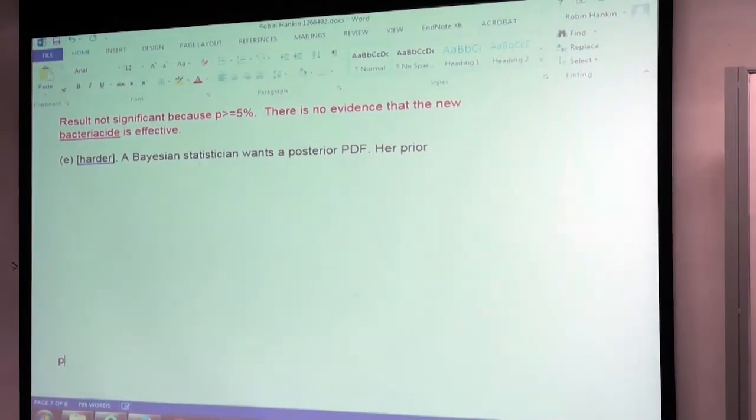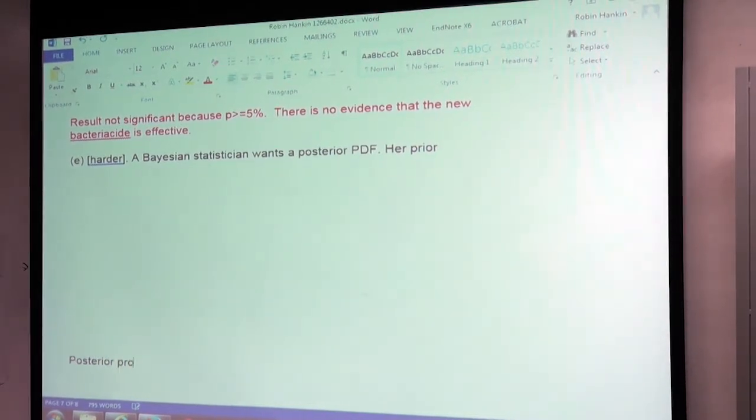It's proportional posterior lambda to the power k plus 2 minus 1 times exp of minus lambda over theta. Oops.